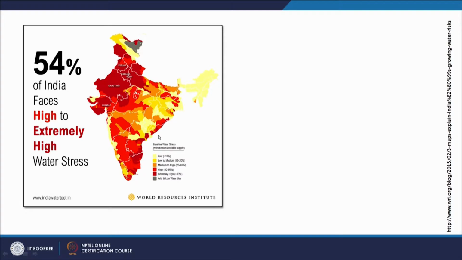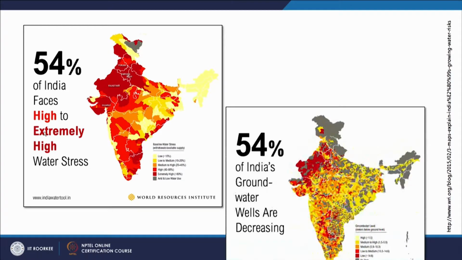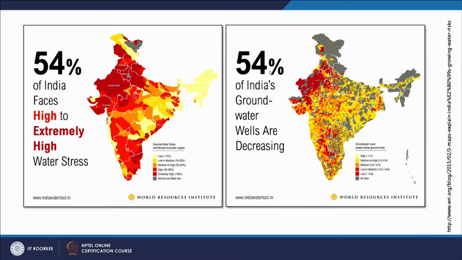Of course, in northeast India and the eastern part, the rain is relatively much more, and it sometimes arrives earlier, so they don't have as much problem as western India. And 50% of India's groundwater wells are declining. So both percentages are about the same. That means groundwater is very, very important here.